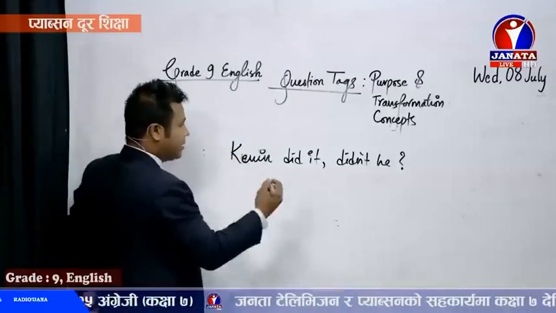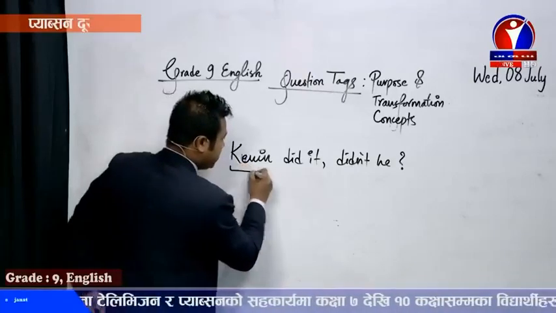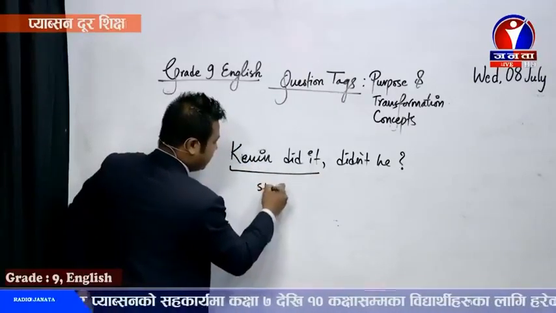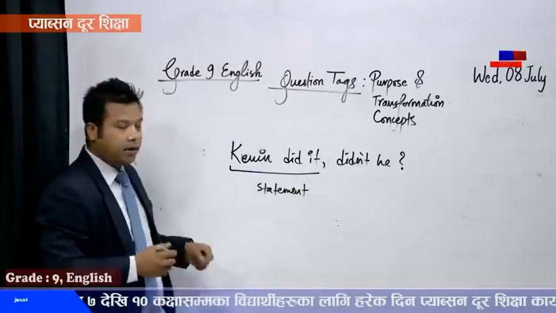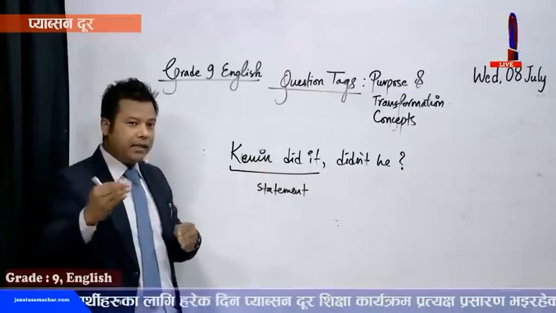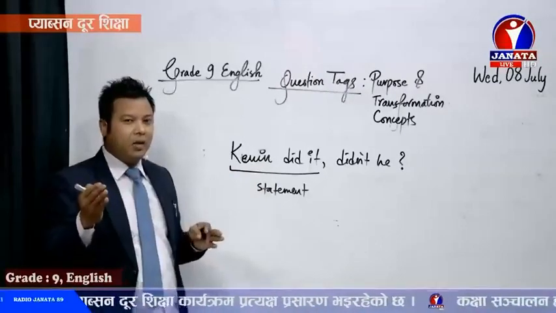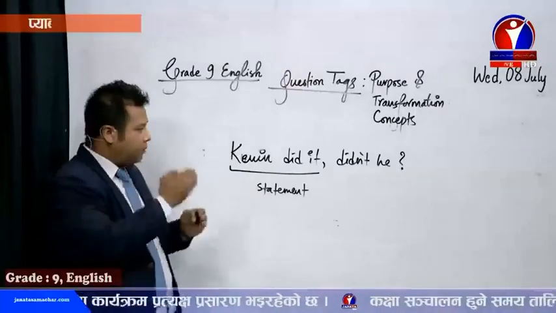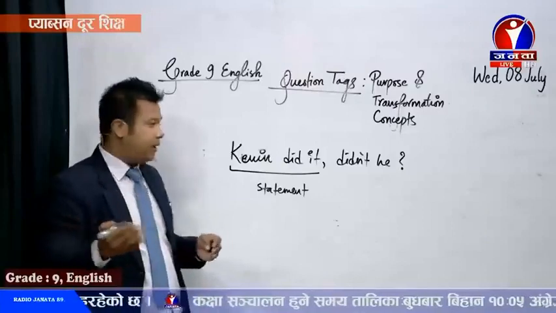In every tag, now pay attention, we have first a statement. The first part of a question tag indicates the concept of statement. A statement that is stated by a speaker about something. It could be opinion, it could be fact, it could be anything. It could be about a person, object, abstract ideas, concrete ideas.